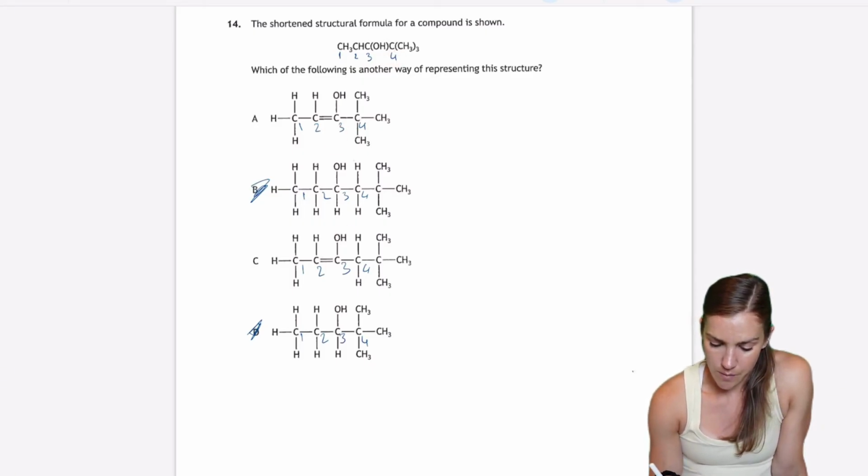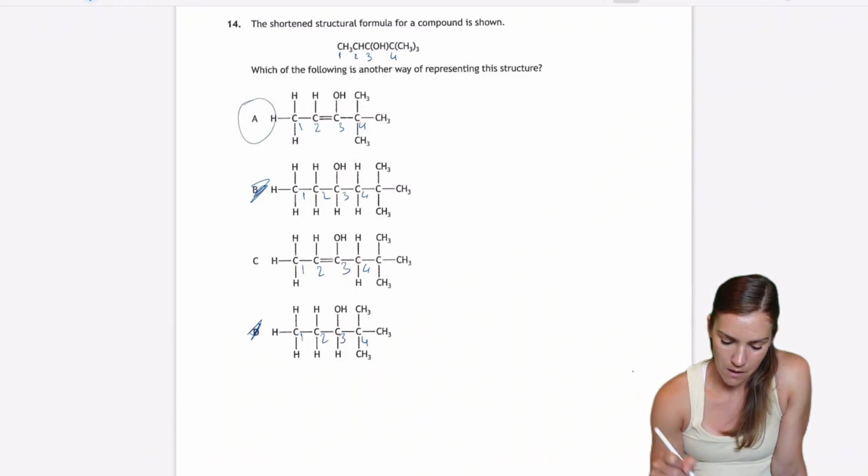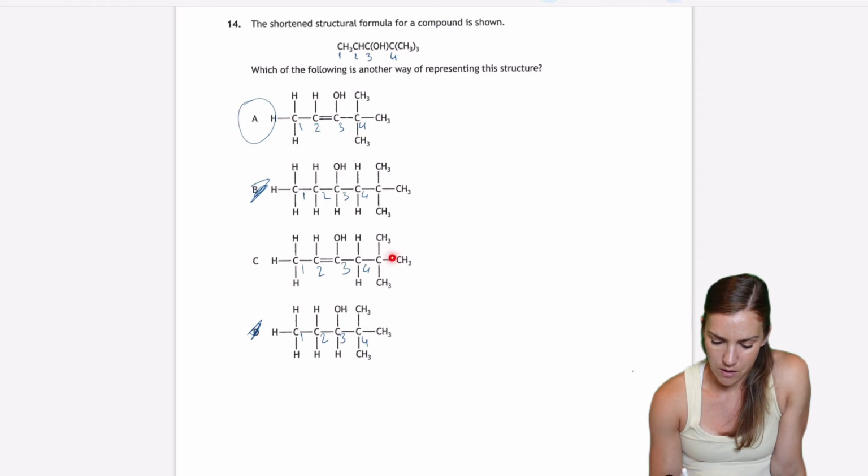And then the fourth carbon should have 3 CH3 groups on it. If we compare those two, this one has 2 hydrogens on it instead, so it must be answer A. C is very similar, it just has those 3 CH3 groups on carbon 5 as opposed to carbon 4, so it's got 1 more carbon in it.